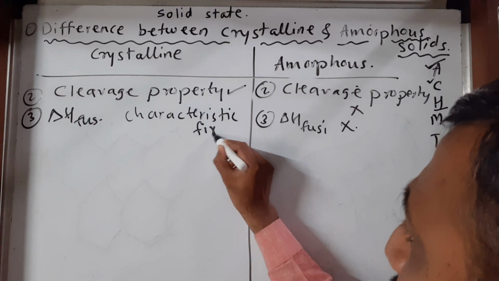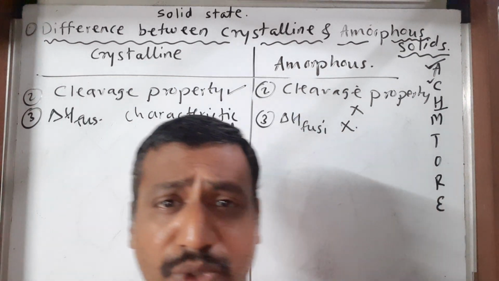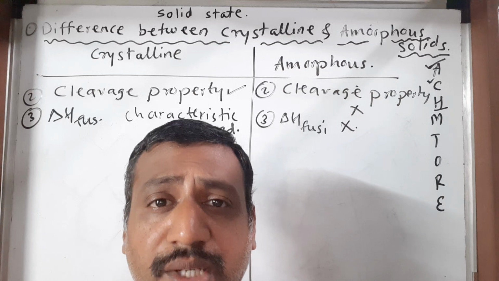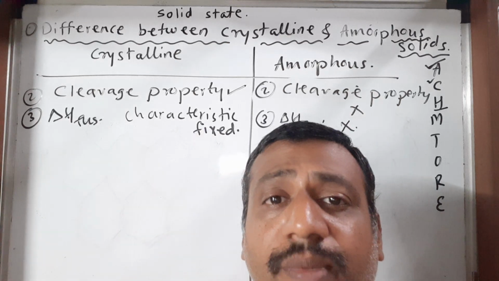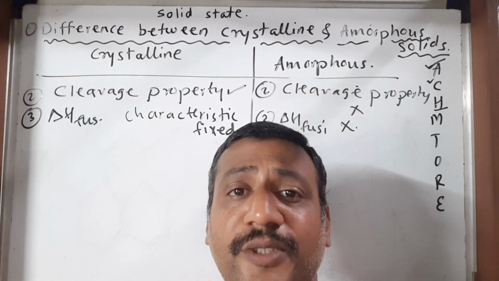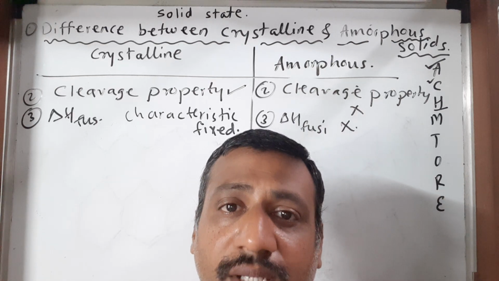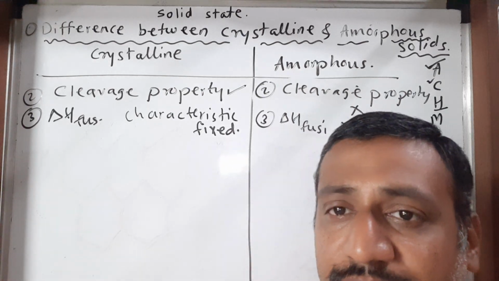A characteristic fixed value of the heat of fusion is there. It means what? Suppose we took 1 mole of a crystalline solid, and if we want to fuse it, to melt it, we should give a certain specific amount of energy required to bring about fusion of 1 mole of a crystalline solid, that is the heat of fusion, okay?